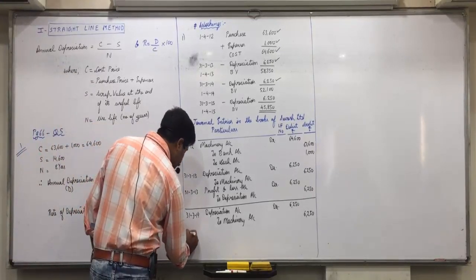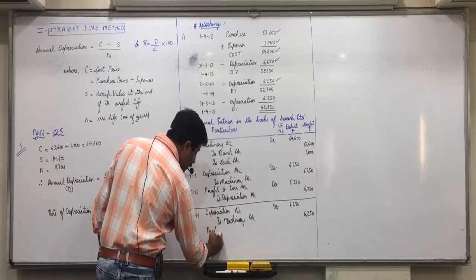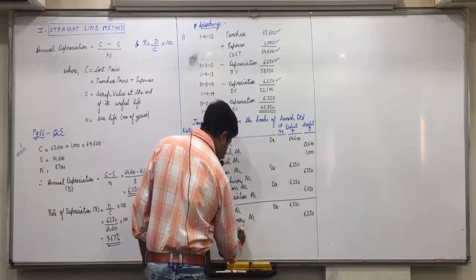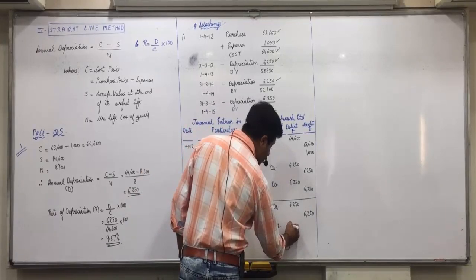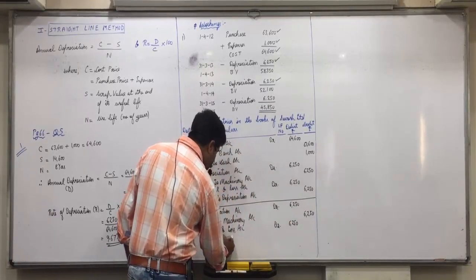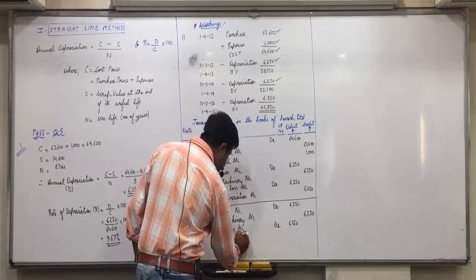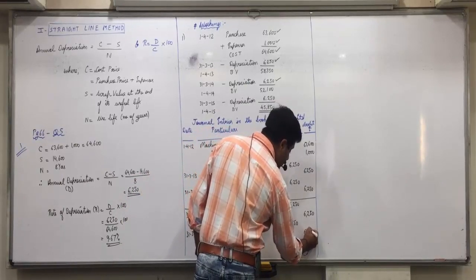And again on the same date, profit and loss account debit 6250 to depreciation account 6250.